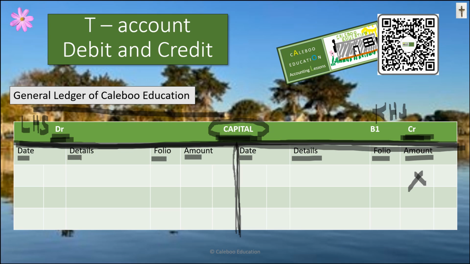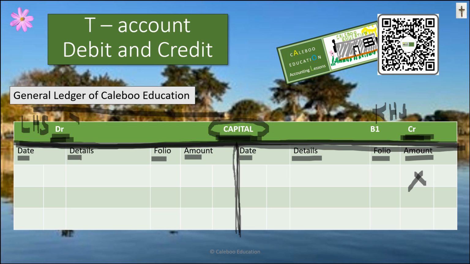It comes from the general ledger, and it's used really to explain transactions for workings, but it's not a formal way of doing things in accounting. It's just used to show students accounting transactions. You will see what I mean in a moment.